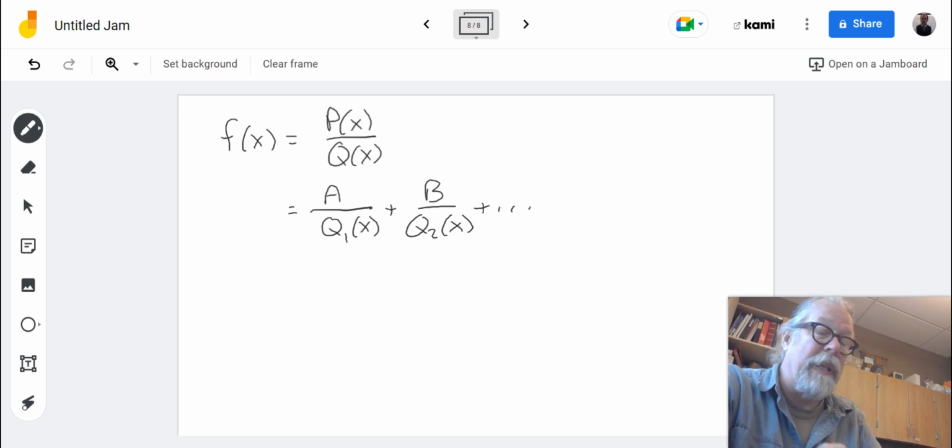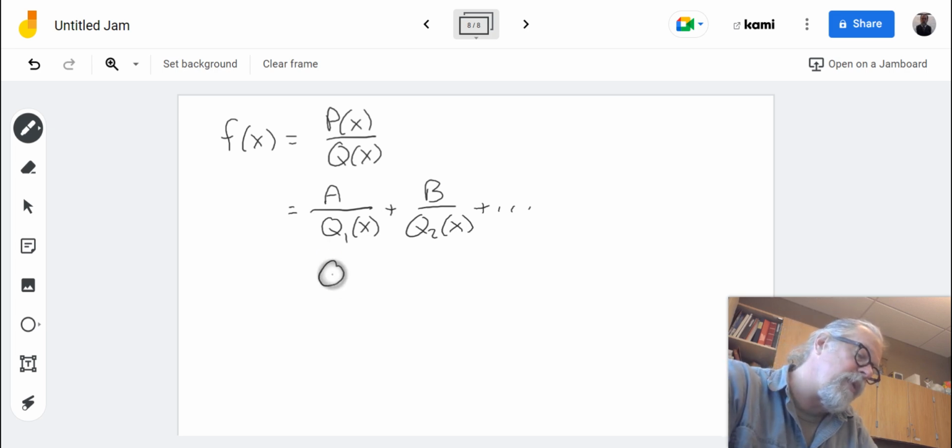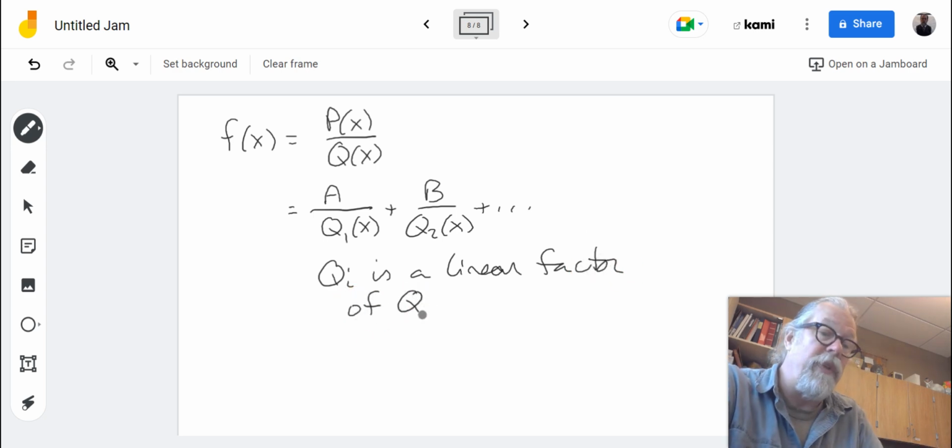And the integral of each of these factors, because they are linear factors, q sub i is a linear factor of q, is going to be a natural log, and I will have a string of them that I can then do what I need to do with.